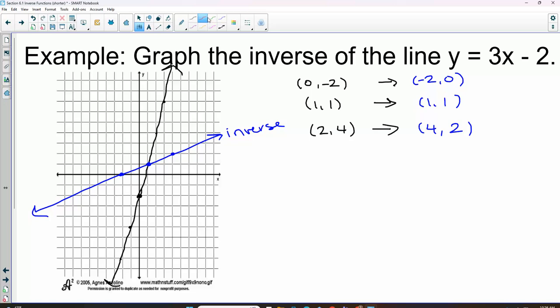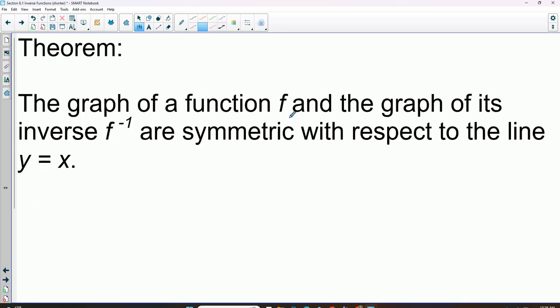They're symmetric across the line y equals x. That's the line, y-intercept is 0, slope of 1. And that goes right through the middle. That's the line y equals x that we said it's always symmetric across.